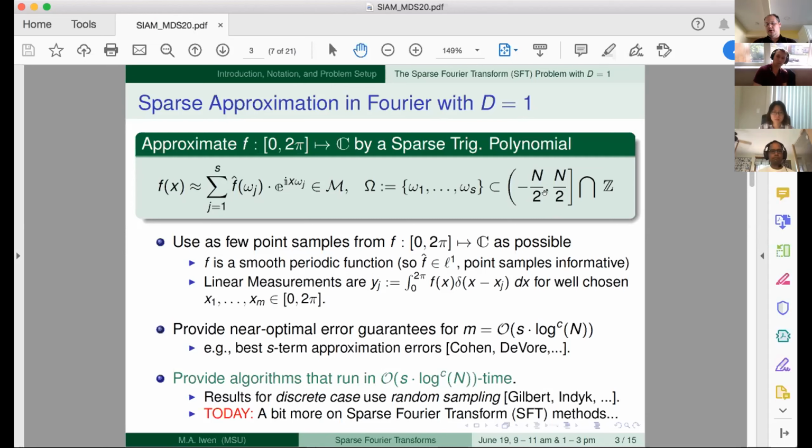Simply enumerating them all would take order n time, so inspecting them all one by one or just running through them in a list. Somehow I have to do this in a runtime which is faster than that when s is small. So I do not have the time to consider each basis function by itself. That is the interesting take that sparse Fourier transform methods put on this.